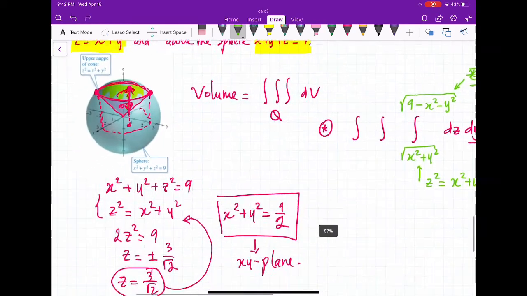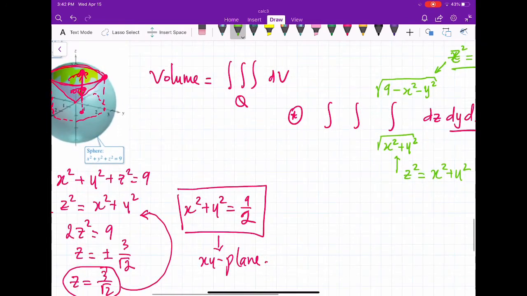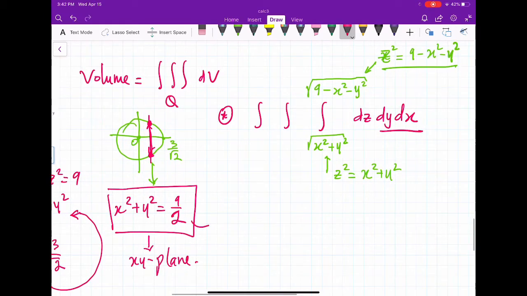Now let's move to the y. In order to find the integration limit with respect to y, we need to draw the circle. So let's say you have the circle right here, right? Center at the origin, radius equal to 3 over square root of 2. You fix x, you draw some vertical line, and you need to find the interval of y right here. So basically, I need to solve this equation with respect to y.